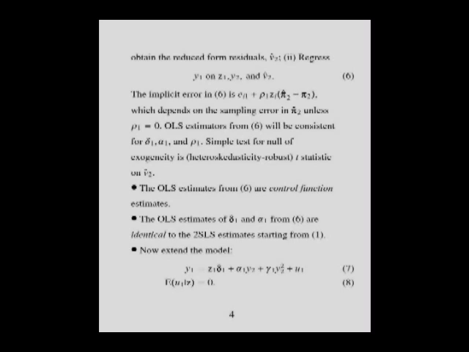Okay, so V2 hat, the way to think about it, of course, is what we've done is we've replaced pi 2 with pi 2 hat, which depends on the same sample. And so there's sampling error in this regression due to the first stage estimation of pi 2 hat. And so you could ask, why would you do this regression instead of just using two-stage least squares? And the answer is you wouldn't.